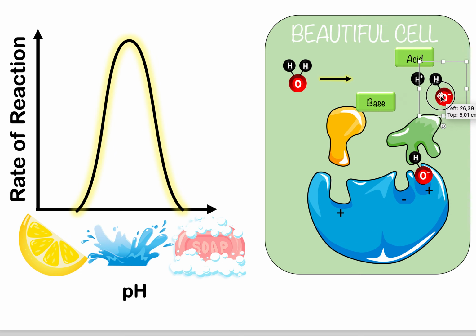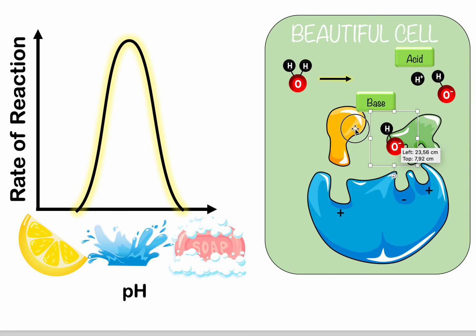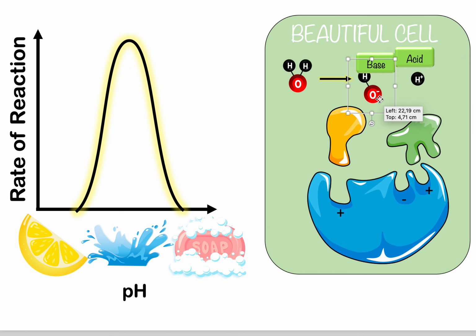So what do I mean by the fact that this curve will shift? Let's say we have an enzyme that works in the stomach. For this enzyme to work well in the stomach, what must it be able to tolerate? It must be able to tolerate H+, right? Because it's very acidic in the stomach.